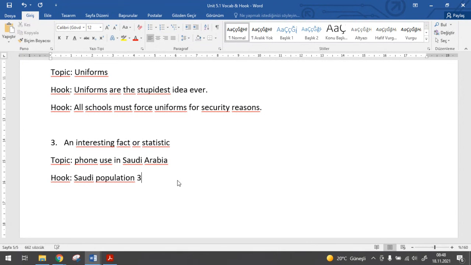The Saudi population is 35.5 million people as of today.